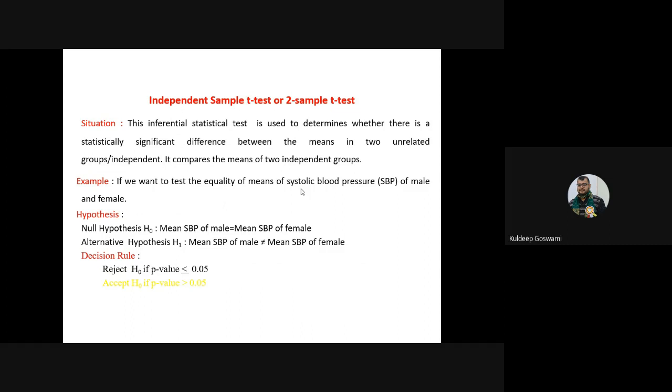See the null hypothesis: mean systolic blood pressure of male is equal to mean systolic blood pressure of female. The alternative hypothesis is that mean systolic blood pressure of male is not equal to mean systolic blood pressure of female. See the difference. In the first case, we have only one variable, or say one sample. In this case, we have two different samples. One is for male, one is for female.